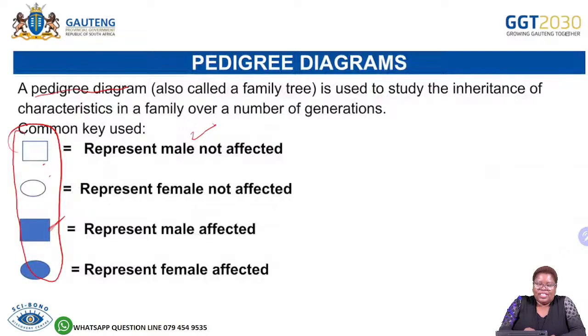Coming to the circle, the unshaded circle represents the female that is not affected, and the shaded circle represents the female that is affected. Sometimes you might not be given the keys, but you should be able to read those, even if not given, right?